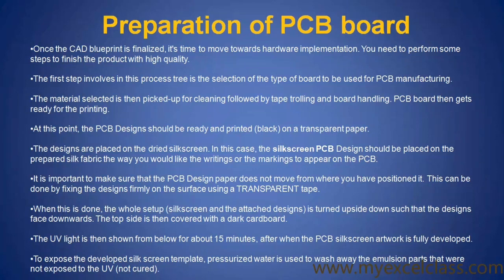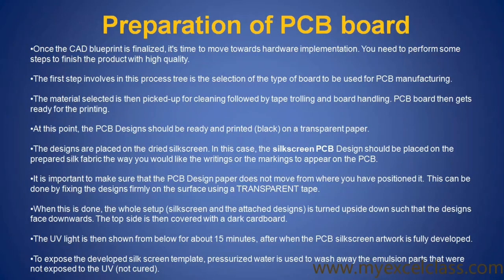It is turned upside down, such that the design faces downwards and its upward side is the silk screen. The top side of it is then covered with dark cardboard. The black type of cardboard is used.